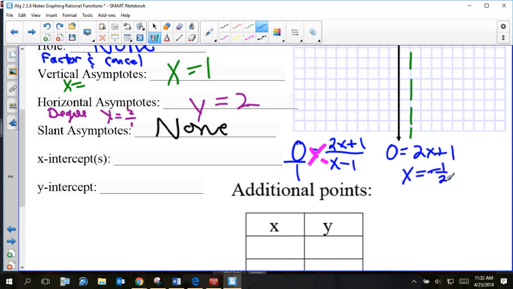Negative half. I do not write on my blank x equals negative half. What is the question asking for? Intercept. An intercept. That means what? It's an ordered pair. So I write (-1/2, 0).